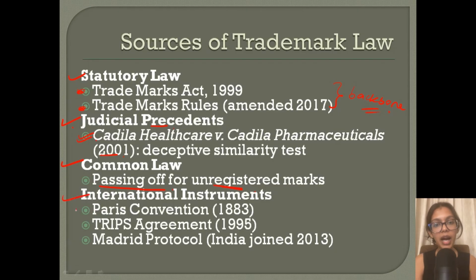So, India is a party to the Paris Convention of 1883, which provides protection for industrial property. Then, the TRIPS Agreement of 1995 also sets minimum universal standards for trademark protection. And also, since 2013, India has been part of the Madrid Protocol, which allows for a single international application to secure trademark protection across multiple countries.